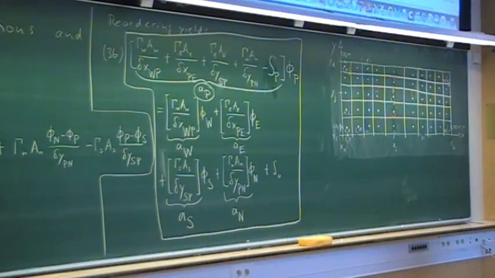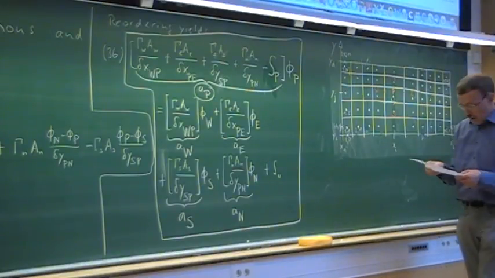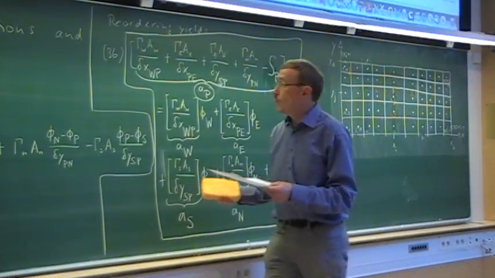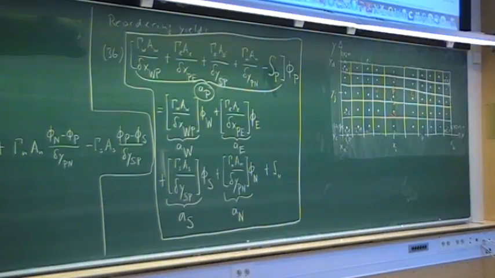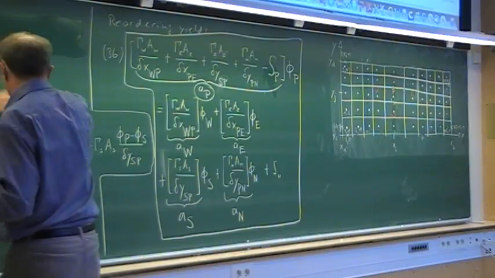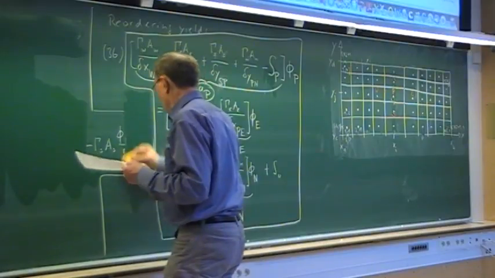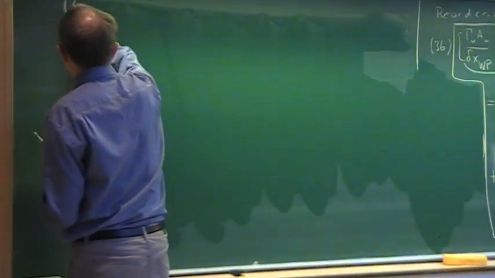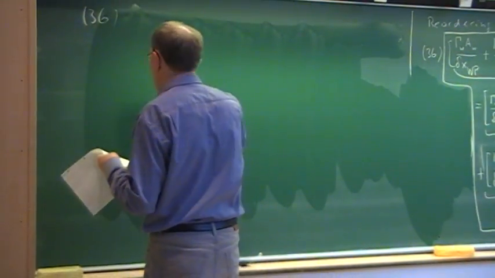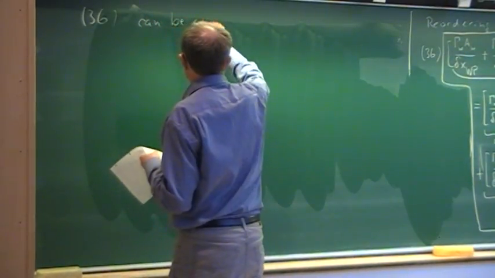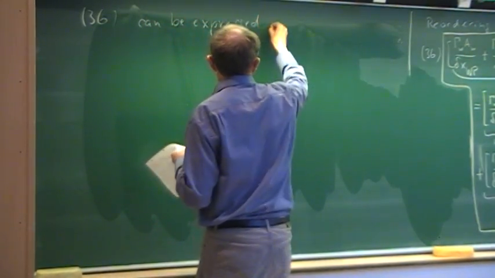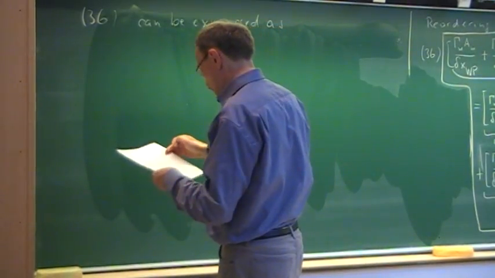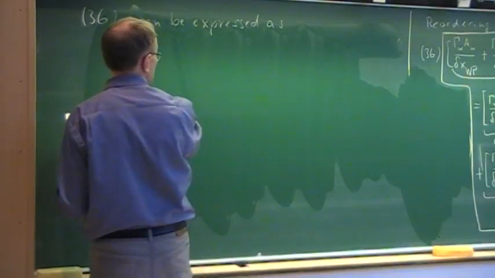So then we have our contributions here, and then we can write this equation that we get from the discretization using the finite volume method in the following way. So equation 36 can be expressed as the following. That is 37.